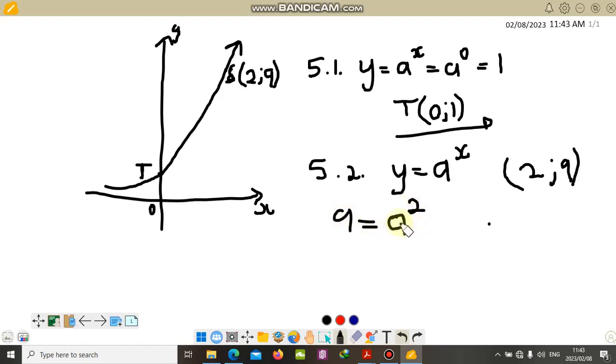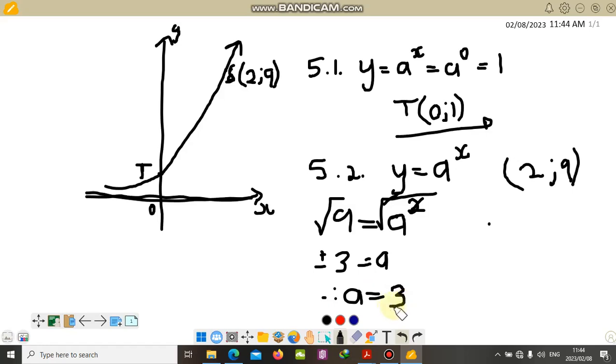The easiest is to apply the square root on both sides. The square root of 9 is plus or minus 3. But what do we know about our a? The graph is above the horizontal line. So a is positive, so a is positive 3.